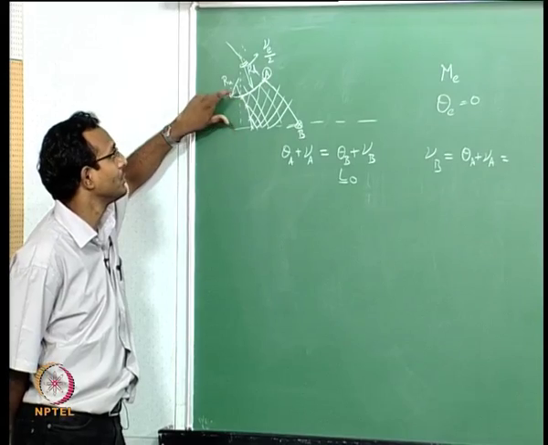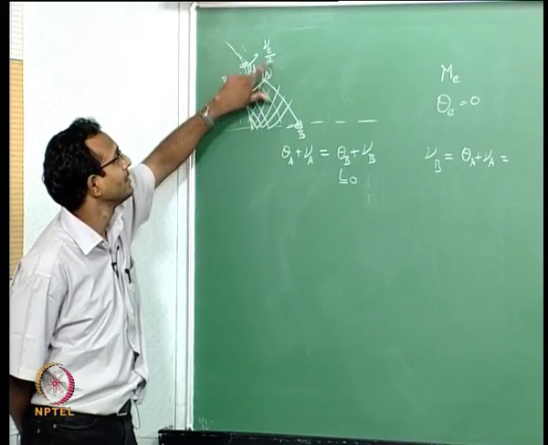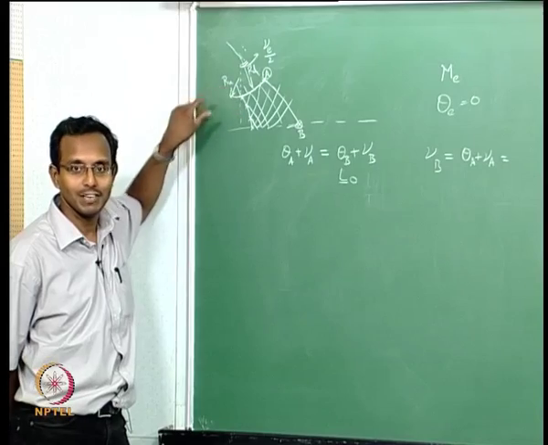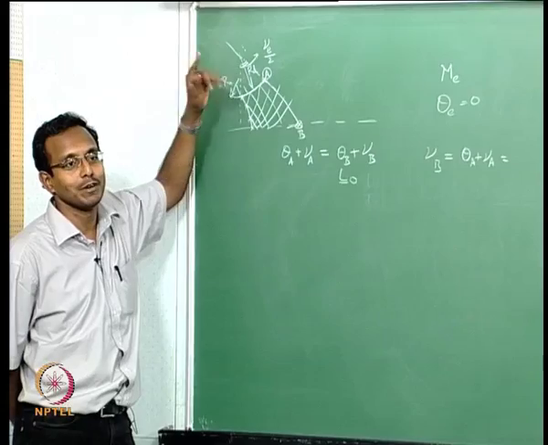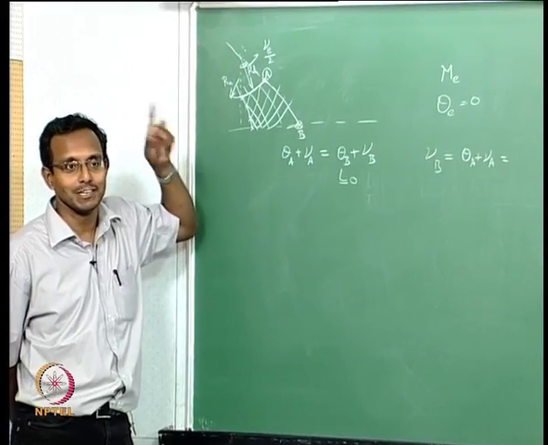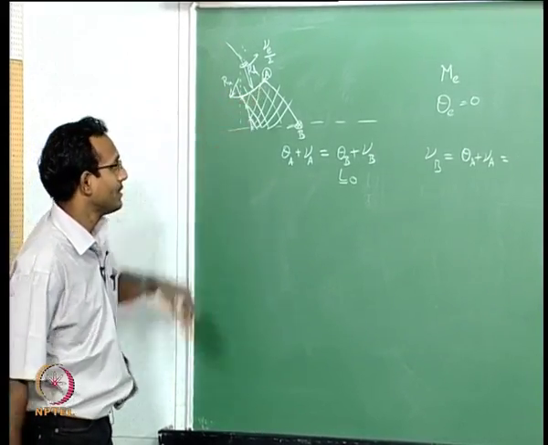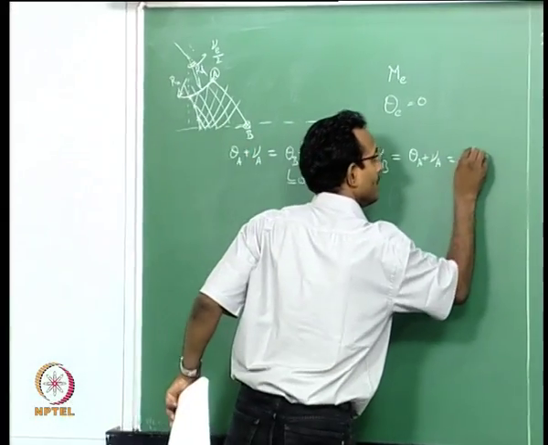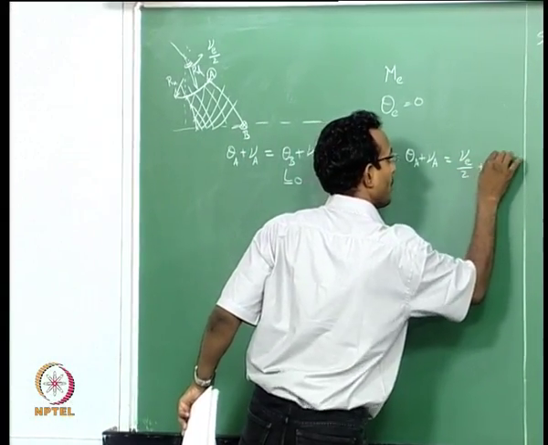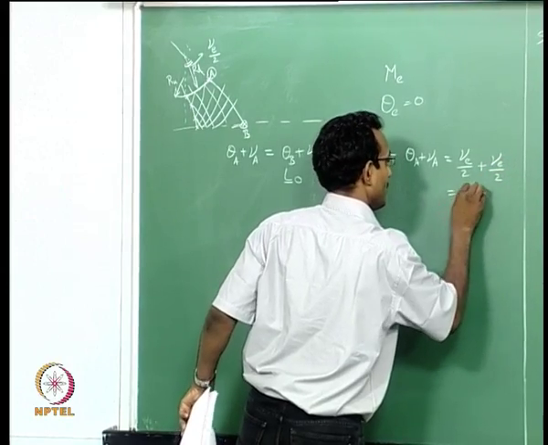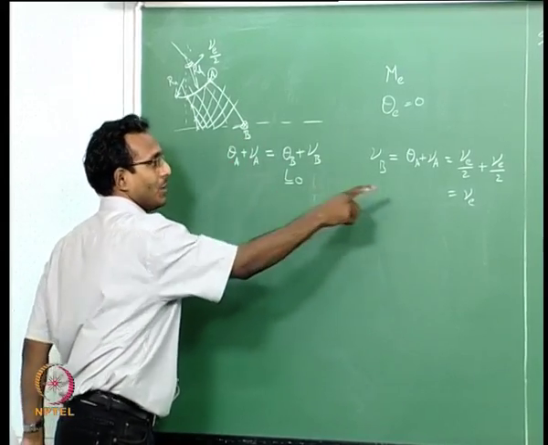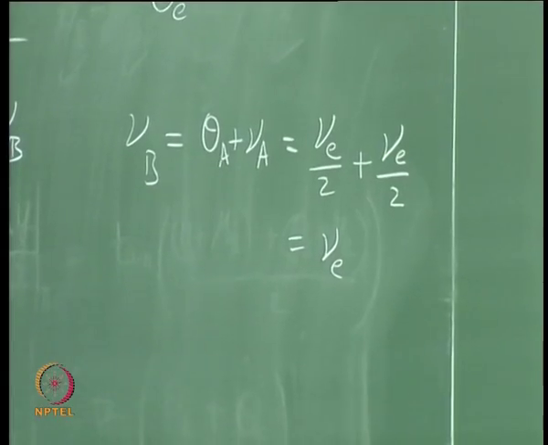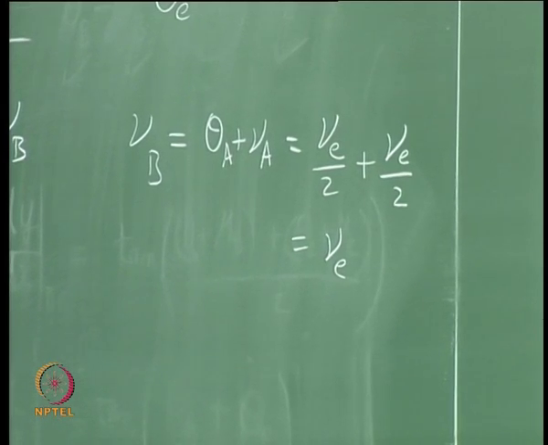I started with nu equal to 0, theta equal to 0. Finally, I went to nu equal to nu exit by 2, which means my theta will be nu exit by 2 also, because delta theta is equal to delta nu. Because of that, I will finally end up with nu exit by 2 plus nu exit by 2, which is nu exit. So, nu at B is equal to nu exit, which means at B I have already reached the Mach number which I want at the exit. Okay.